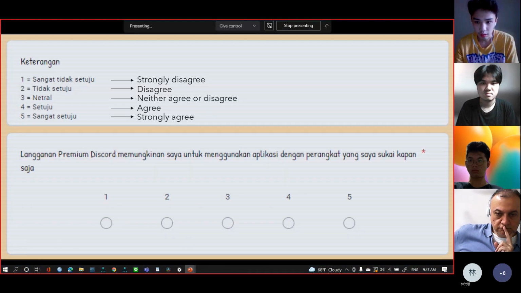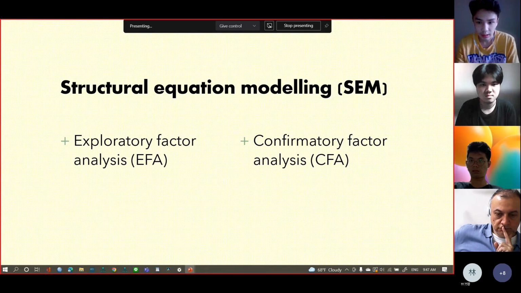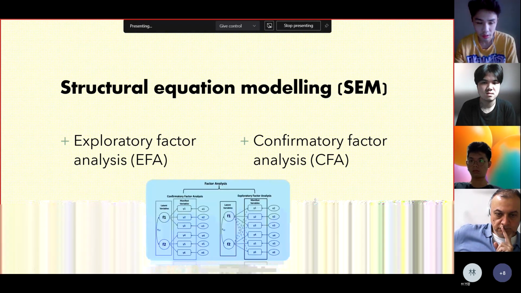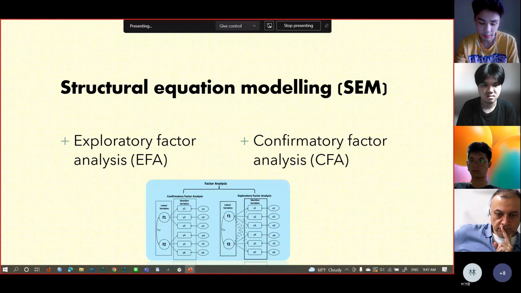The data was collected via online survey with a questionnaire. All items were collected using a 5-point Likert scale, ranging from strongly disagree to strongly agree. We analyzed the data by utilizing EFA and CFA to check the construct validity and the convergent validity of the measurement construct. This method we are using is called structural equation modeling, or SEM.